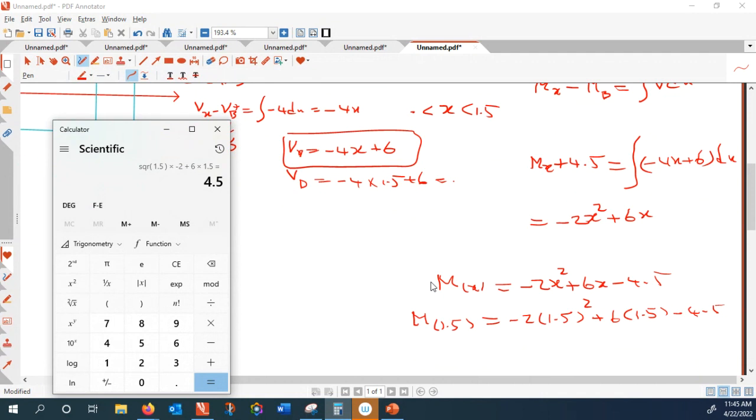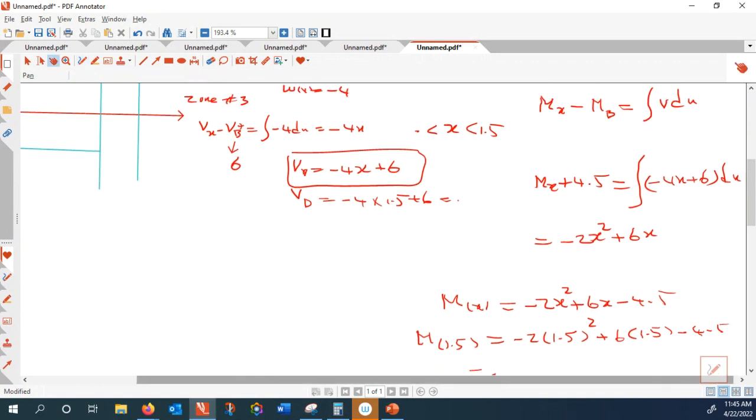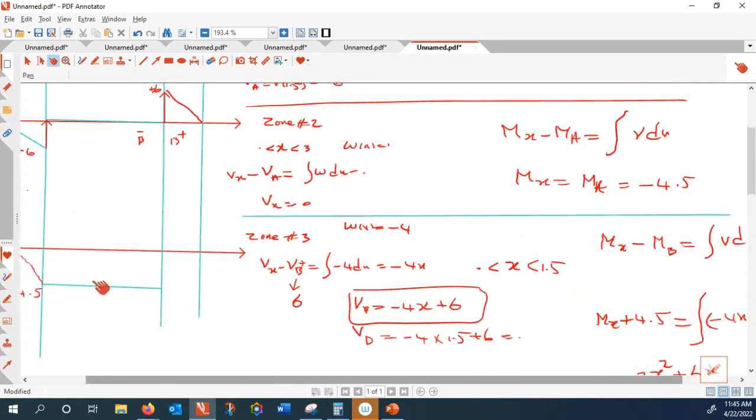Bending moment at the end is 0. That makes sense, doesn't it? Because the end is free. So M at the end is equal to 0. So again, this is a parabola, which finishes like so.